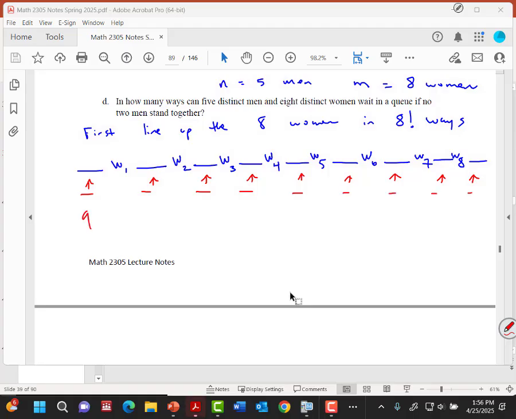So there are 9 slots to place 5 men. So if I compute 9 permutation 5, that is 15,120.